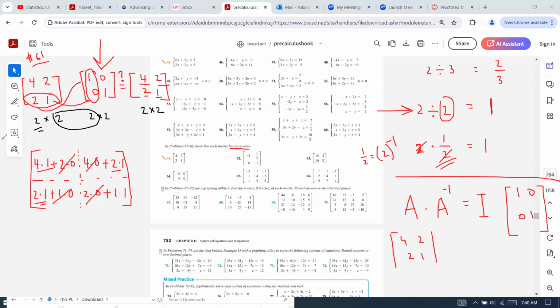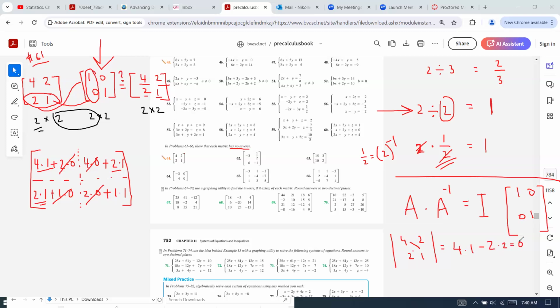Determinant just has bars in it. So determinant is a number that we produce by doing these little multiplications across. So if I multiply 4 by 1 and subtract from it the product of 2 times 2, what I'm going to get is number 0.